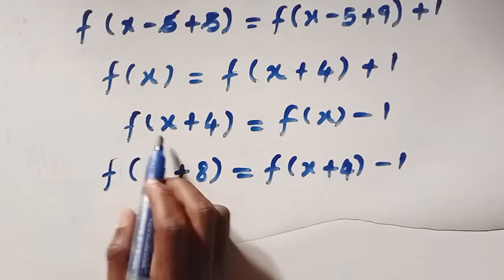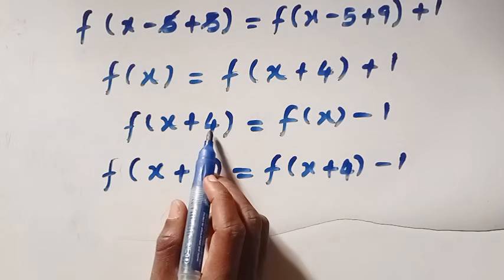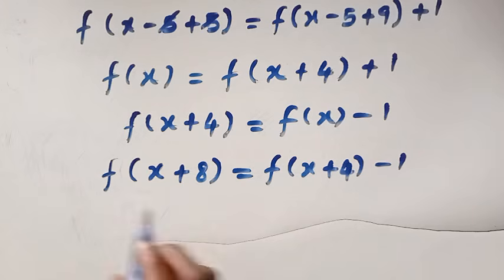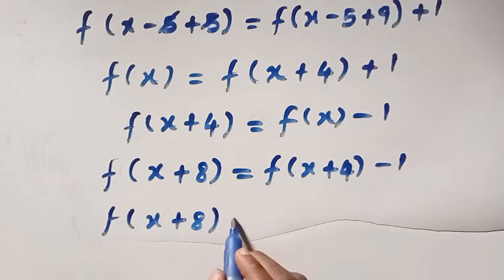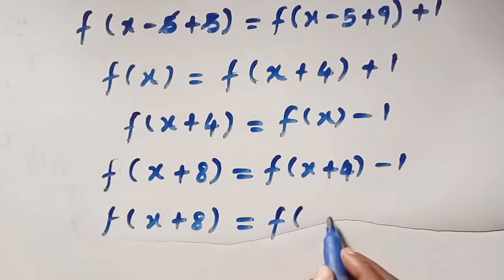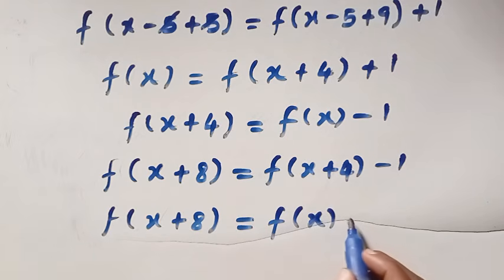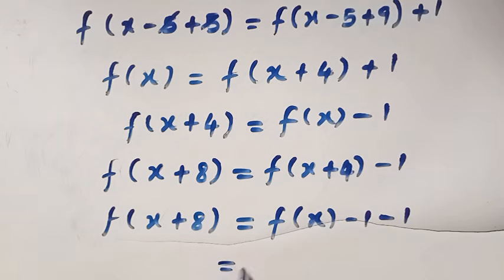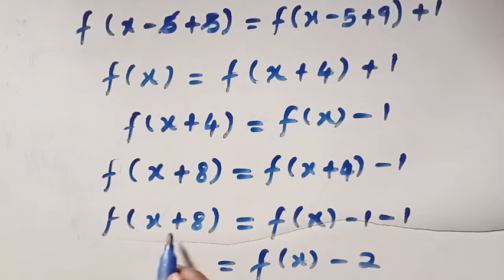But in the above, we have f of x plus 4 given as f of x minus 1. So therefore, for every f of x plus 8, this equals f of x minus 1 then minus 1. So it is equivalent to f of x minus 2. This is the result of f of x plus 8.